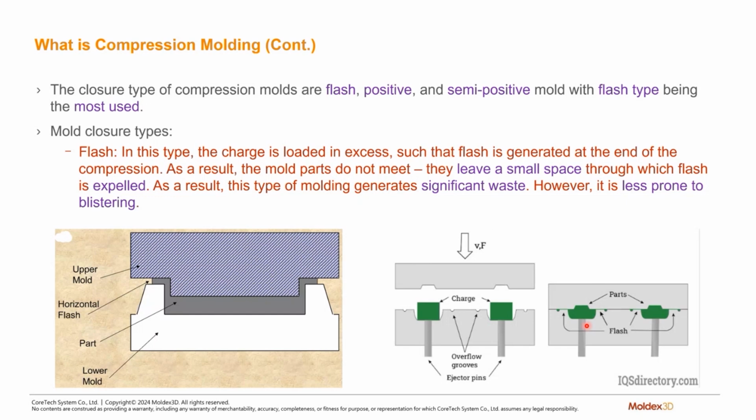After we finish the compression molding, you will see the flash near your part. This is because when you use this type of mold, you will have a small space. So this is the reason why you have a flash. And you can see its benefit is that it is less prone to blistering.